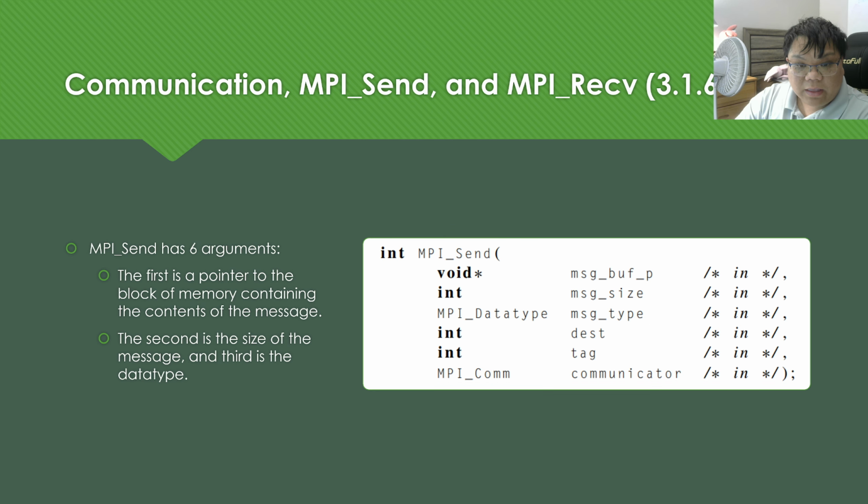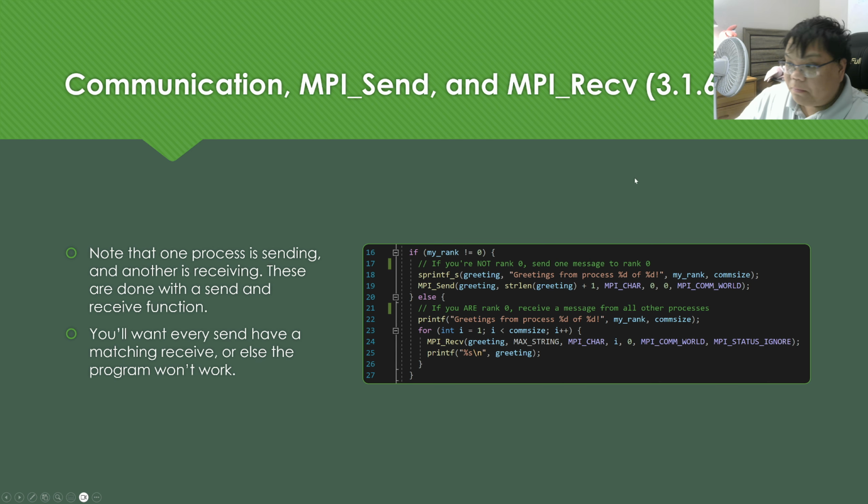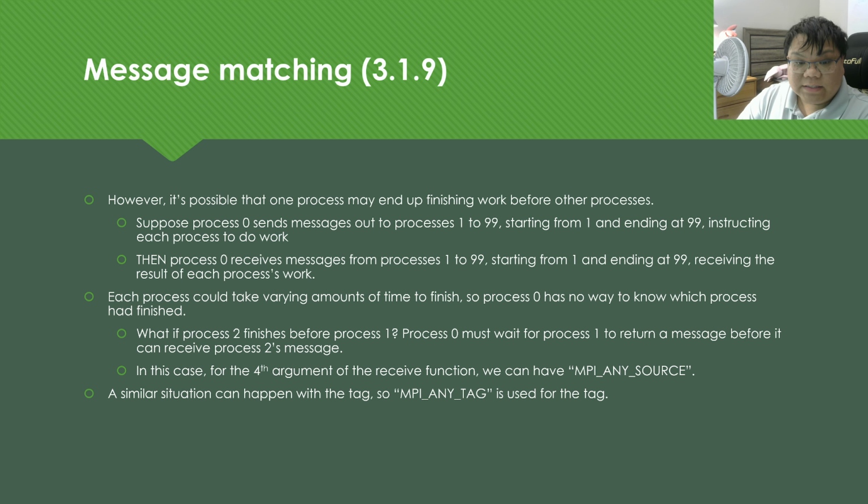Because this receive function is using this iterator I to go from 1 to 99 for the rank of the sending process, we can replace that I with a special tag, and that tag is MPI any source.